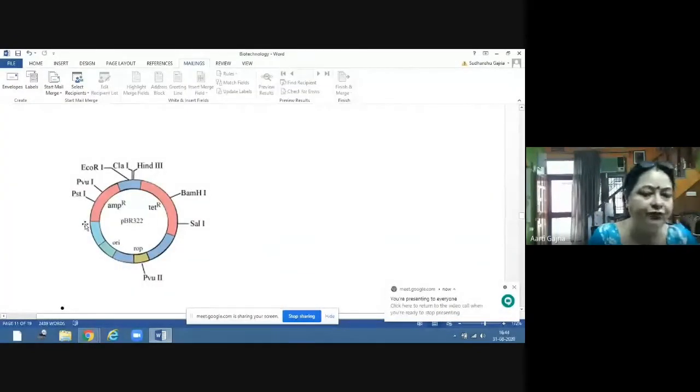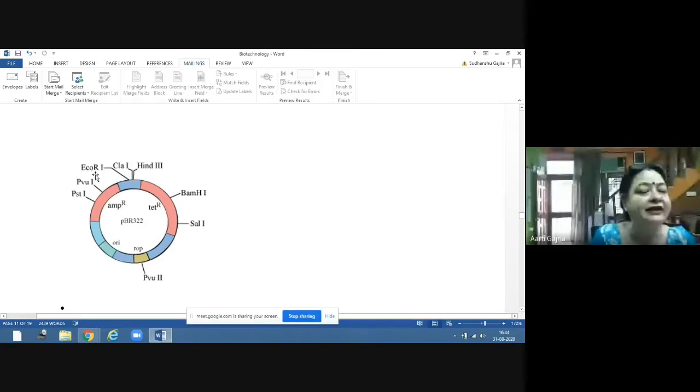So here, if you can see, this is a circular plasmid, and here you can see the different restriction enzyme recognition sites. This is the recognition site for HindIII, BamHI, SalI, PvuII, PstI, PvuI, EcoRI, and ClaI. So in total, if we count how many of them there are: 1, 2, 3, 4, 5, 6, 7, and 8.